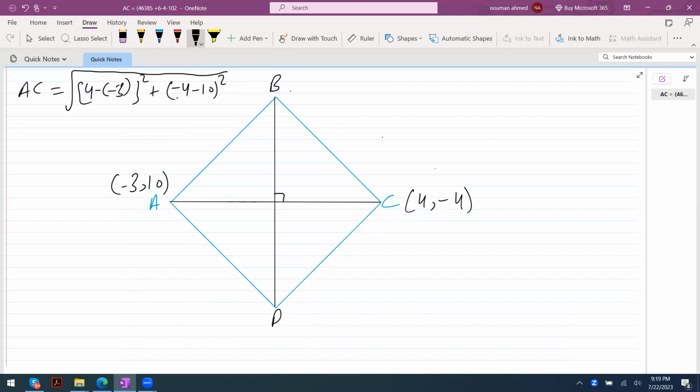This is just like Pythagoras theorem we discussed last time. 4 minus -3 is 7, 7 squared plus -14 squared, 196, under the root.